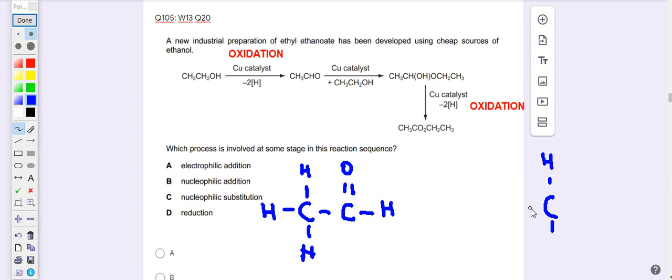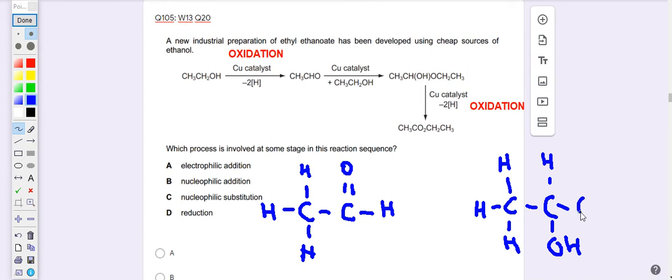CH3 is still the same. The left hand side CH3 is still the same. But the C double bond O is no longer there. And what we have is the O became OH. Okay, the H is still here.